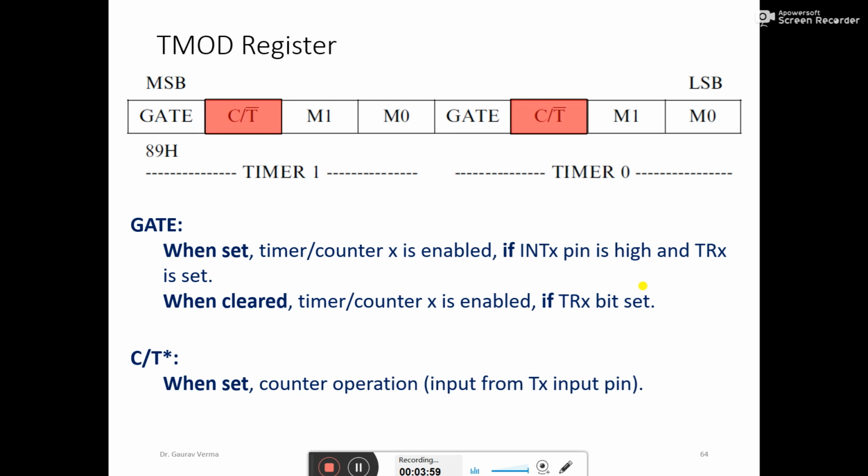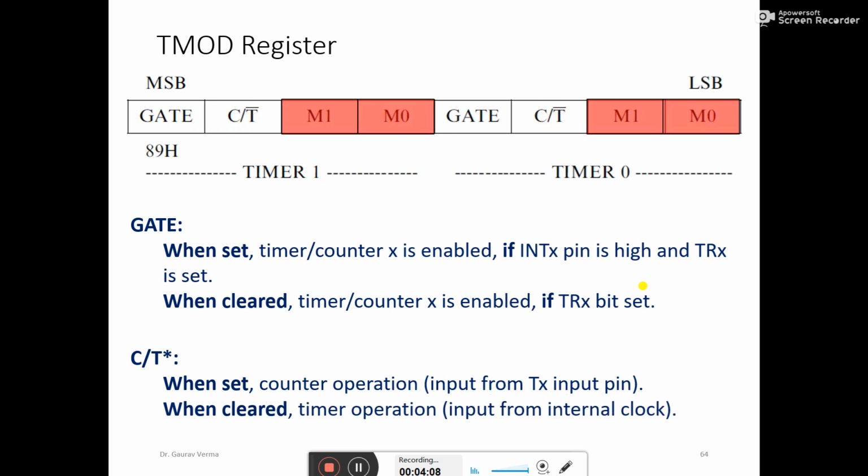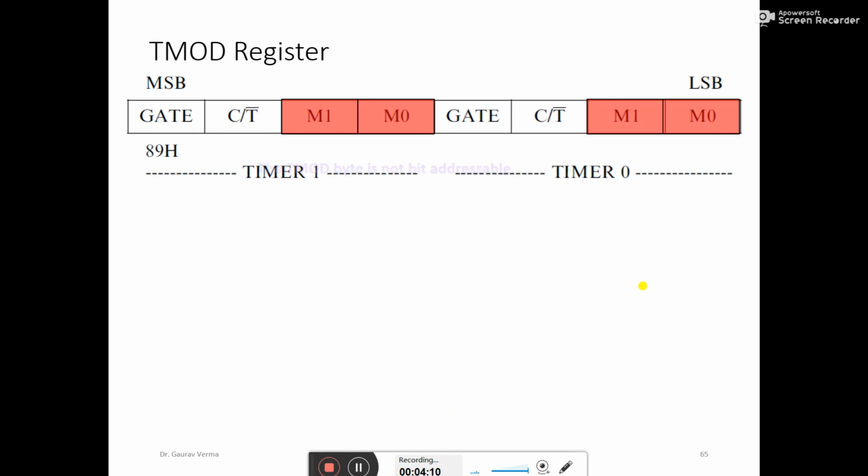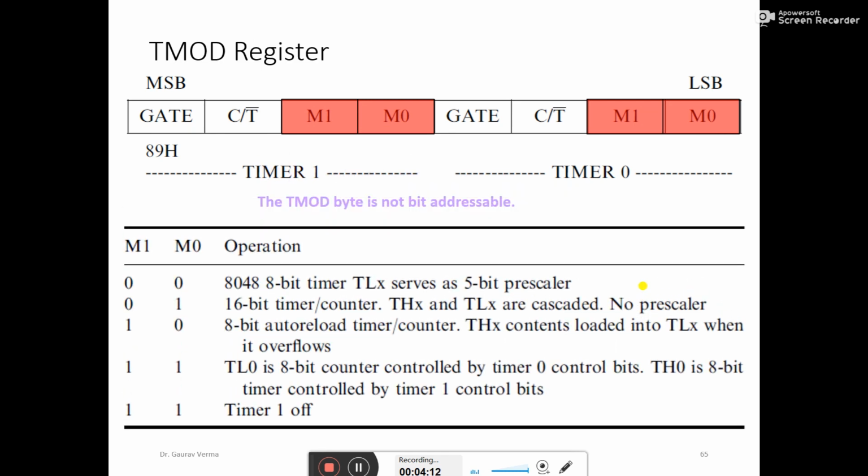For C/T, when set, it is counter operation with input from the TX input pin. When cleared, it is timer operation with input from the internal clock. M1 and M0 are the mode pins. When they are 00, it is the 8048 8-bit timer, where TLX serves as a 5-bit prescaler.